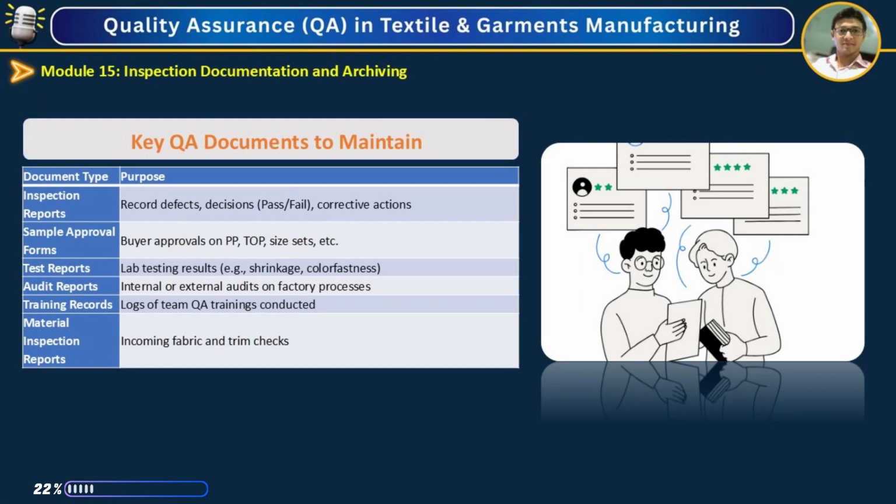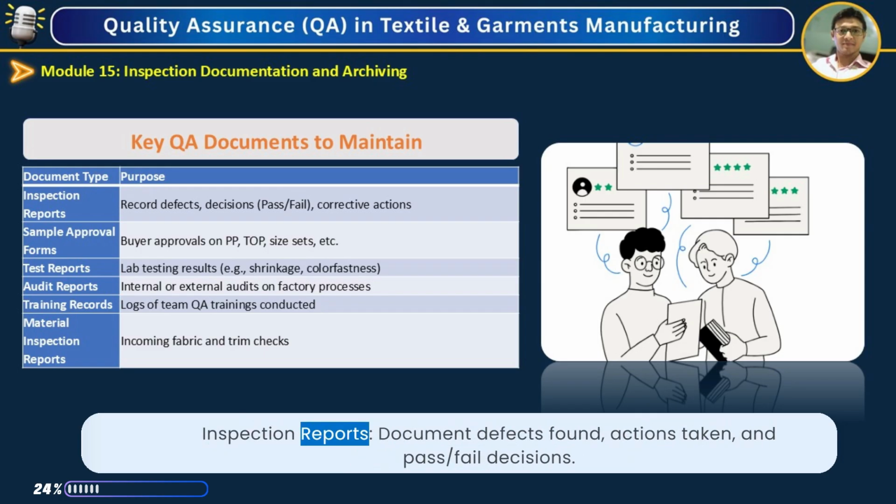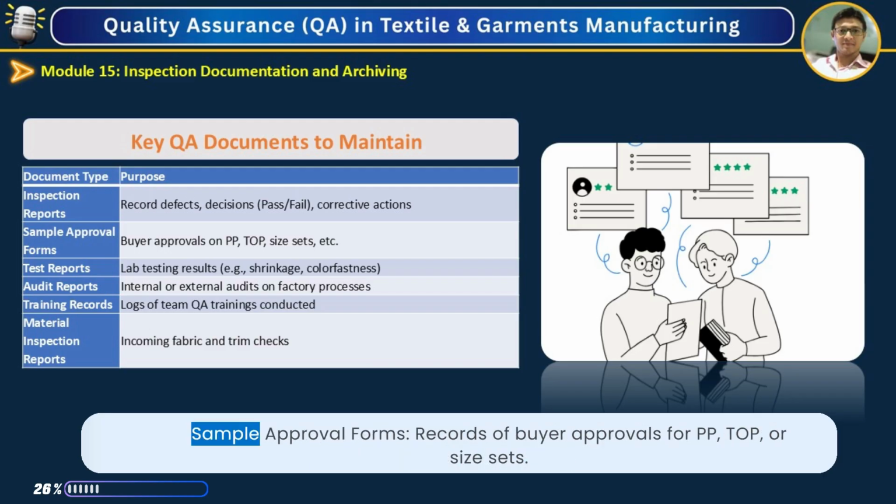Key QA documents to maintain. Here are the core QA documents every garments facility should maintain. Inspection reports document defects found, actions taken, and pass-fail decisions. Sample approval forms, records of buyer approvals for PP, top, or size sets.